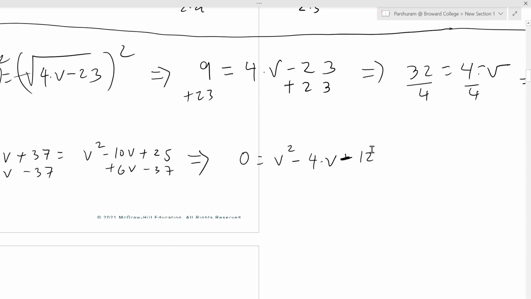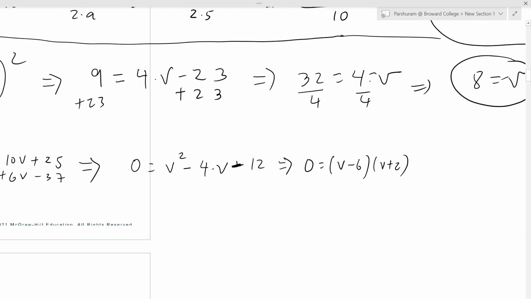So negative 12 can be factored as negative 6 times 2. So I can rewrite this as 0 equals (v minus 6)(v plus 2). Negative 6 times 2 is negative 12, and negative 6 plus positive 2 gives you negative 4. So we have two options now, v equals 6 and negative 2.